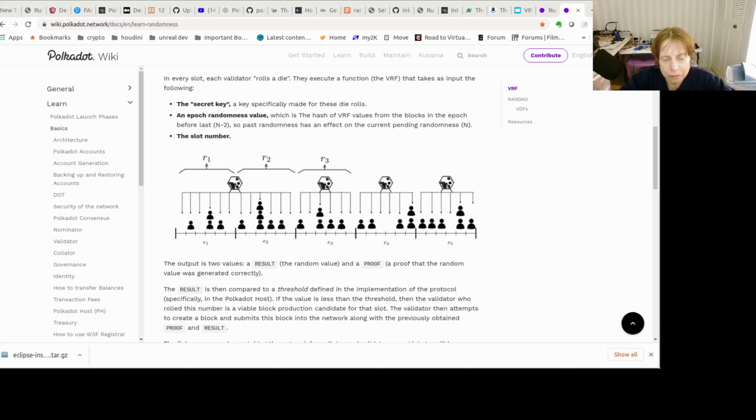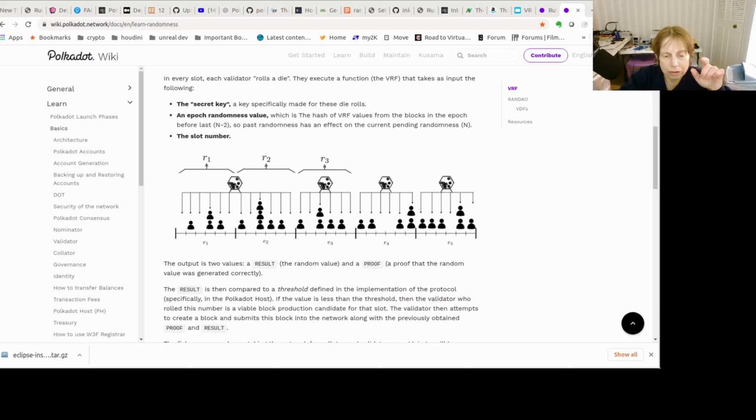So it takes some values and it produces two things: a result, which is your random value, and a proof, which shows the random value was generated correctly.